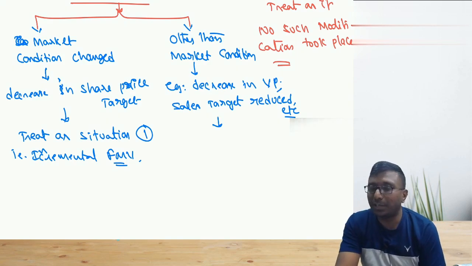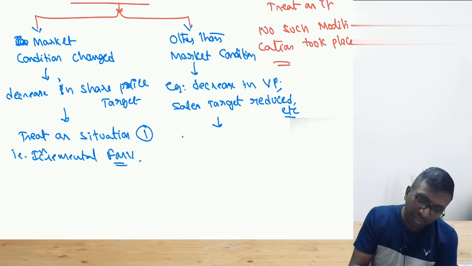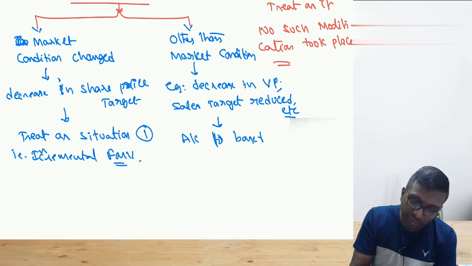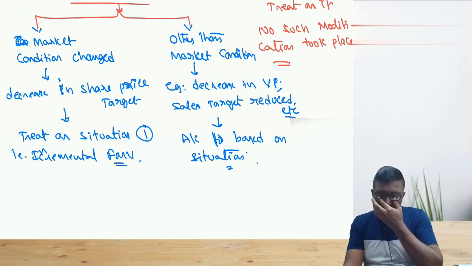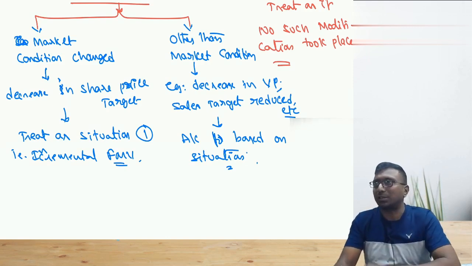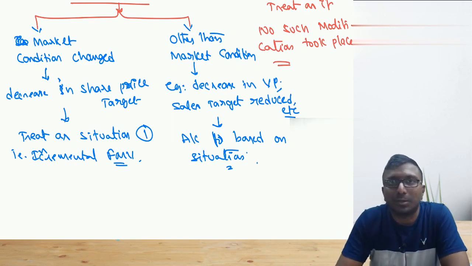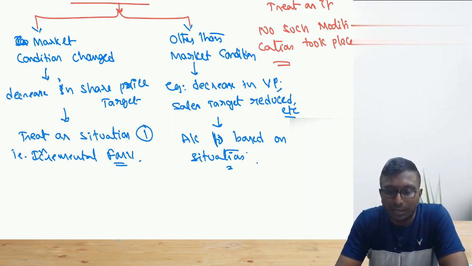They said depending on the situation, you account for it accordingly. If you see the situation, you'll get to know. Actually, it's not that difficult. You will be able to do it.